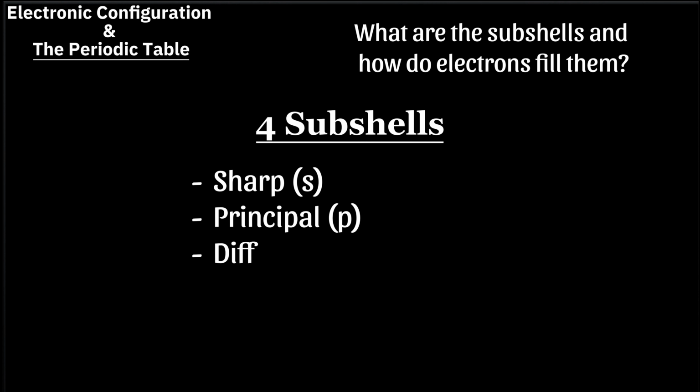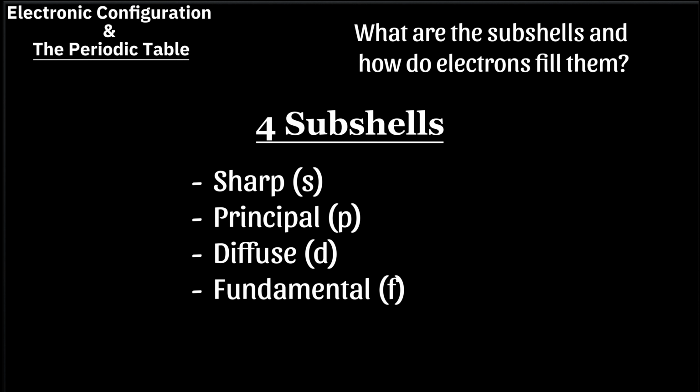There are 4 subshells, namely sharp, principal, diffuse, and fundamental, known simply as S, P, D, F. These terms were based on how spectral lines appeared in early experiments in spectroscopy. Do not bother about that yet.